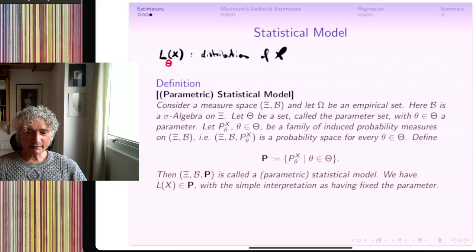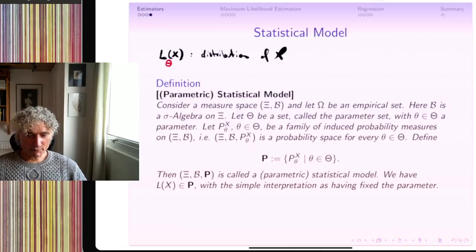Now we define P, which is just the whole family of induced probability measures, so all P_theta,X such that theta is in the parameter set.